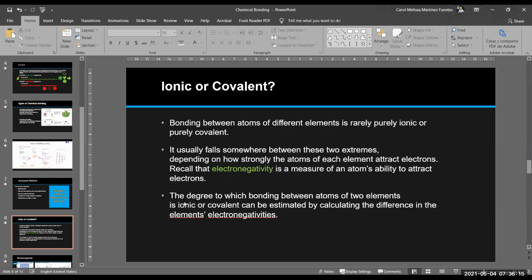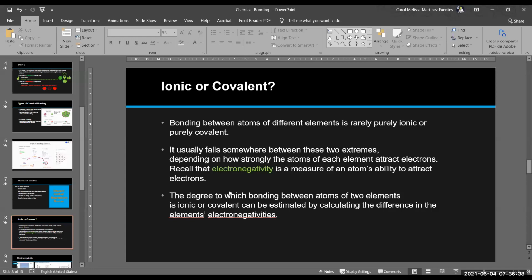Now, ionic or covalent. This is going to depend on the elements' electronegativities. Remember that the other day we were discussing electronegativity. Bonding between atoms of different elements is rarely purely ionic or purely covalent.